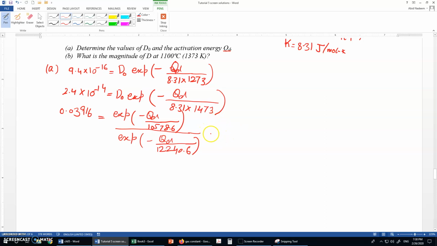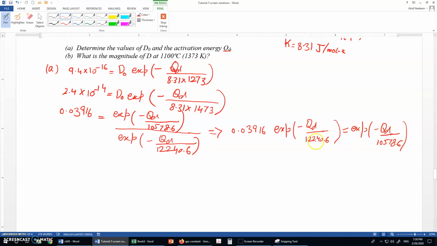So if we simplify this, then it will become like this: 0.03916 equals exponent minus QD over 12,240.6 divided by exponent minus QD over 10,578.6.